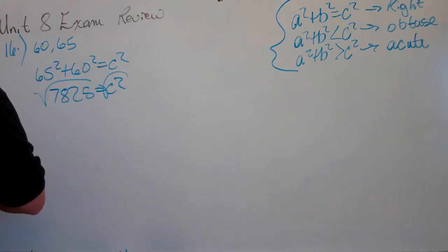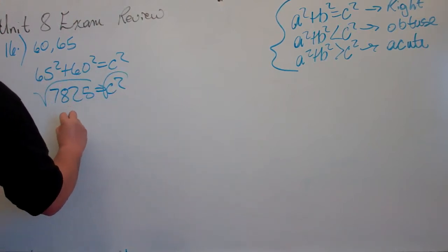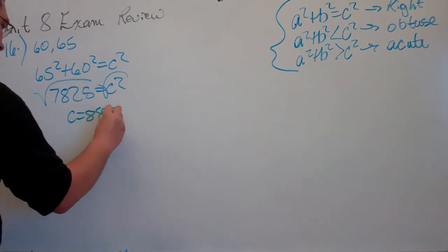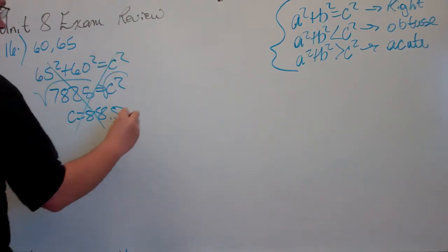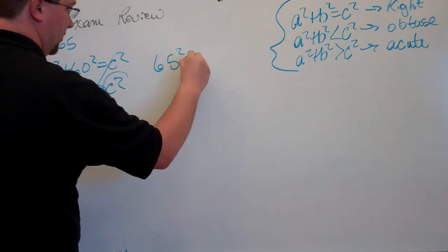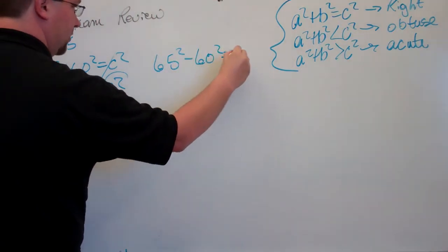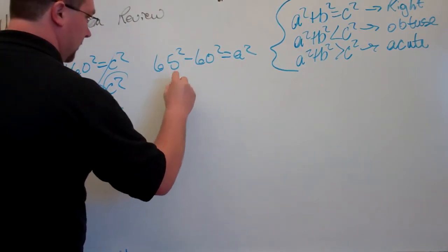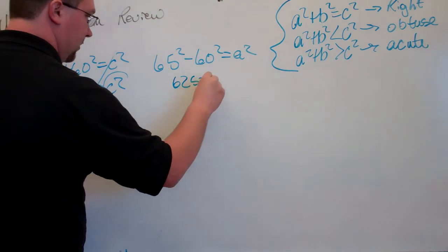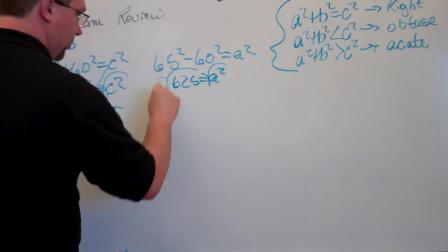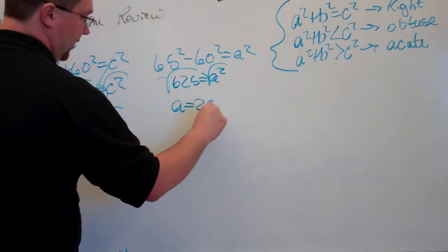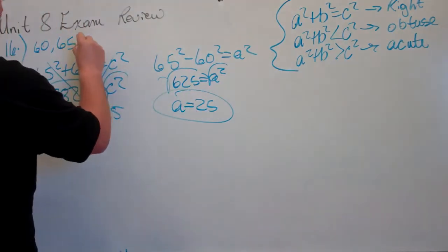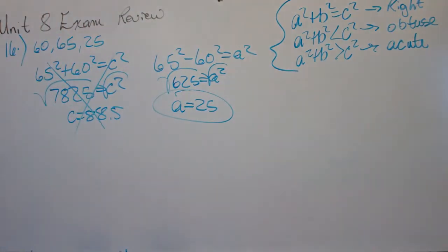Take the square root, and we get 88.5. That's not going to work. 65 squared minus 60 squared equals a squared. So 625 equals a squared. Square root, a equals 25. So that is our third number in our Pythagorean triple.